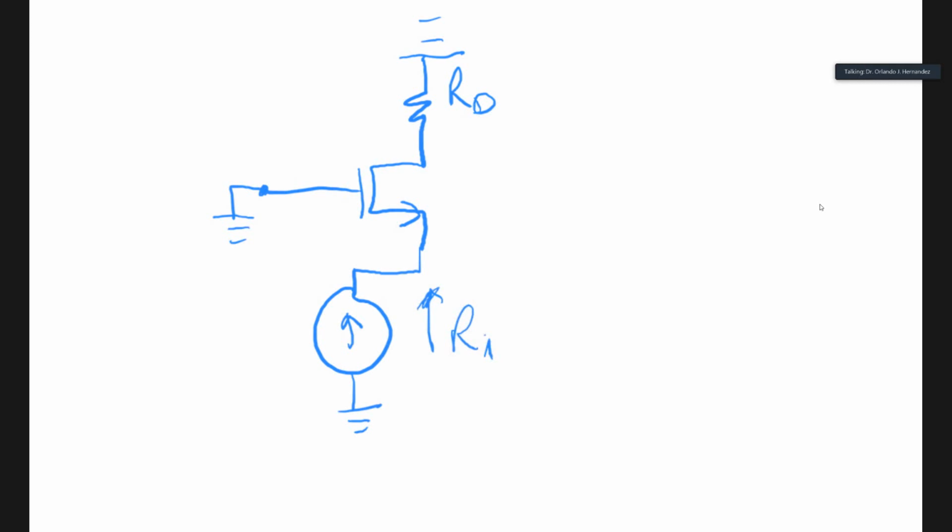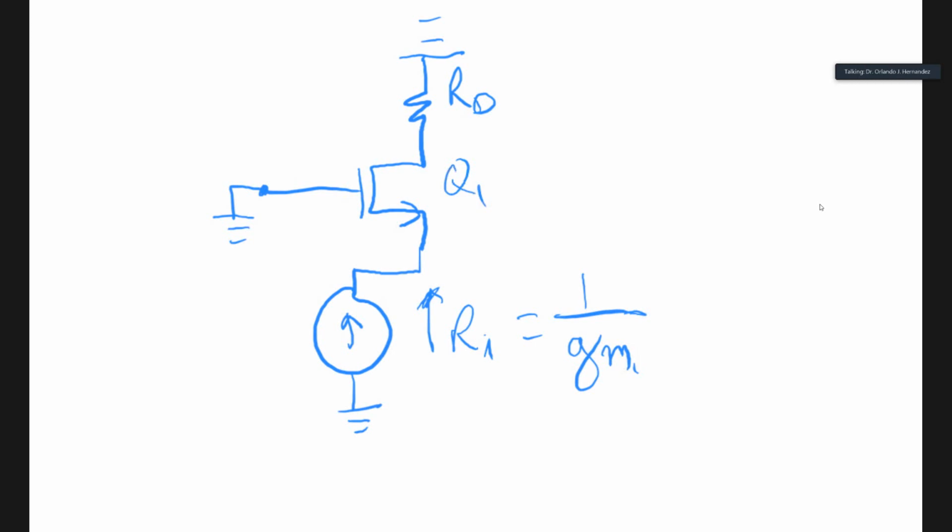If you look into that terminal, for a MOSFET, looking into the source, the input resistance is 1 over gm. In this case, it is gm1 because that is Q1.